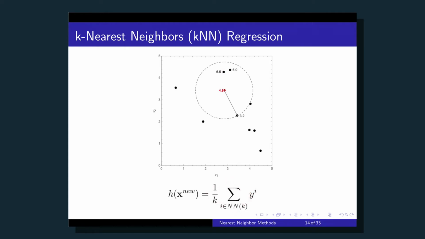In this case, 5.5 plus 6 plus 3.2, overall we'll get 4.7, and that's how we regress to the value of this new point and decide it's 4.9. So this is how you would apply k nearest neighbors to regression instead of classification.